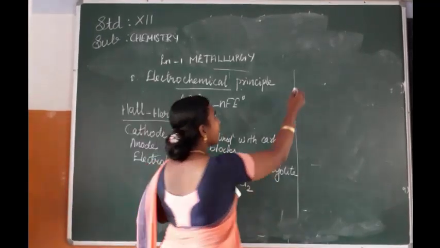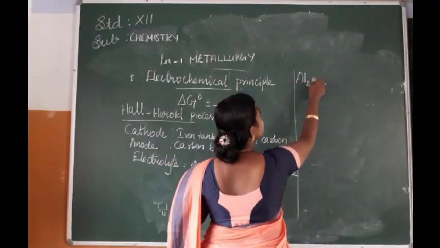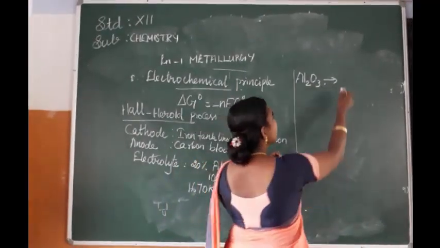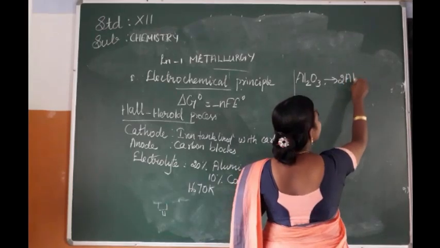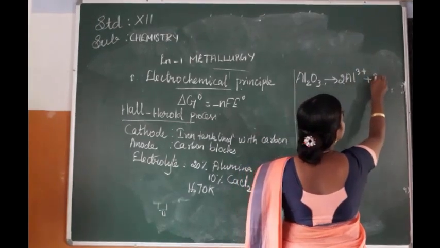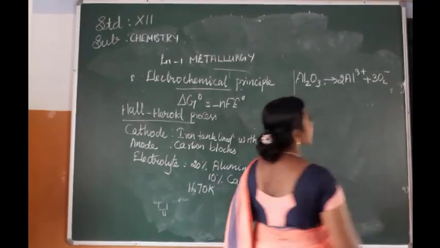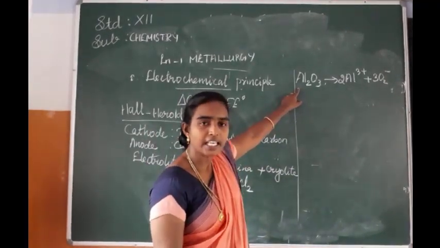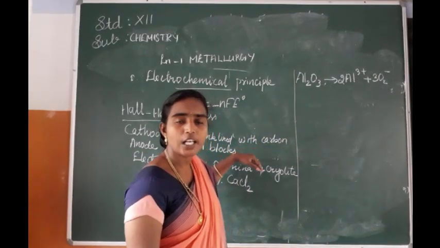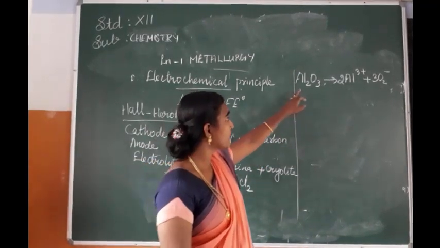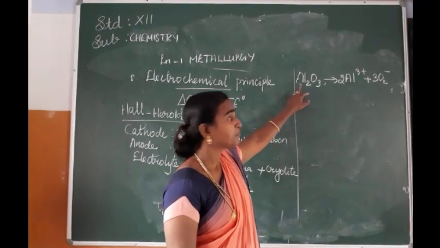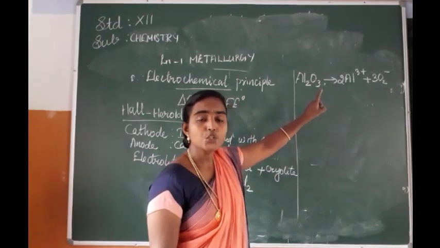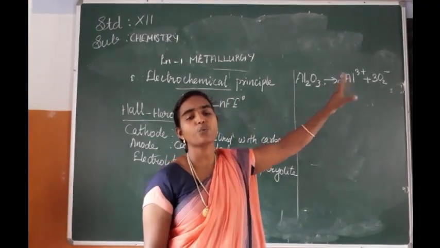Alumina formula Al2O3. When this alumina is ionized, it will form 2Al3+ and 3O2-. Is it clear? We have taken the electrolyte as alumina, isn't it? From this only we have to extract aluminium. So this alumina on ionization forms 2Al3+ and 3O2-.